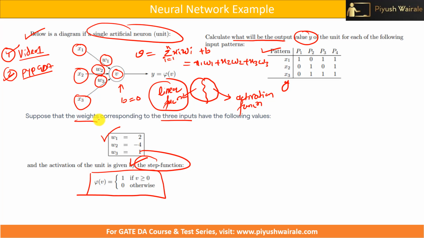Now based on the weights given and each input pattern, we need to find the value of y. First let's consider P1. For P1, the value of the linear function is x1 w1, so 1 into 2, plus x2 w2, which is 0 into minus 4, plus x3 w3, which is 0 into 1.